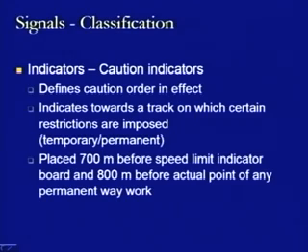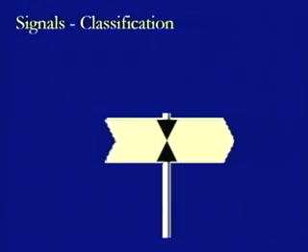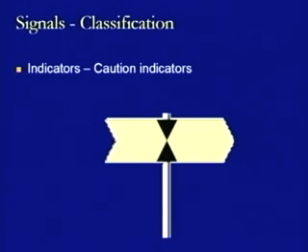That is why the speed of the train is reduced, and that is a distance of 800 meters. Whereas, if the speed is being restricted, then it is provided at a distance of 700 meters. This is a caution indicator. This is how it defines that the movement is allowed in this direction, but is restricted.